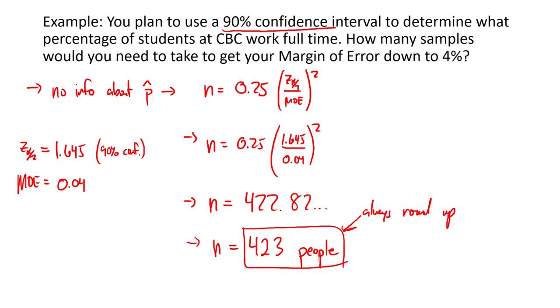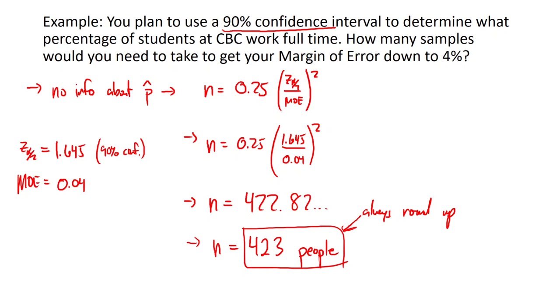It's kind of like those math problems where you have to figure out how many cans of paint you have to buy, and then your teacher yells at you because you didn't buy the extra can. You always have to round up. It's like that for samples. You guys know what I'm talking about? Yes. Okay. You might as well take one extra person than not have enough. That's the idea. Any questions about that?